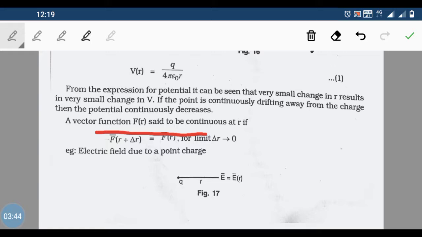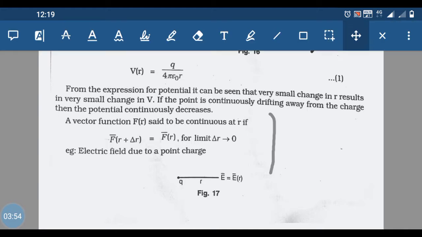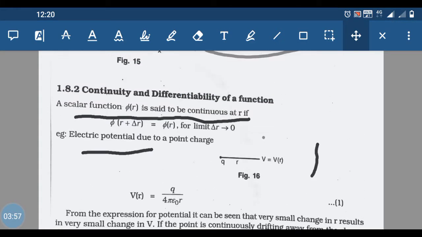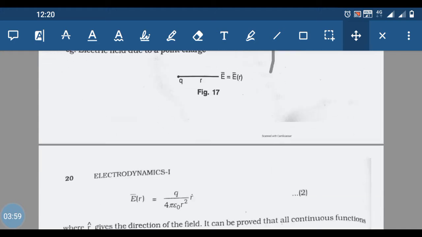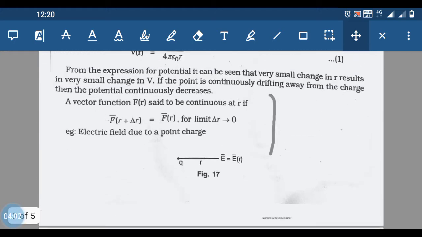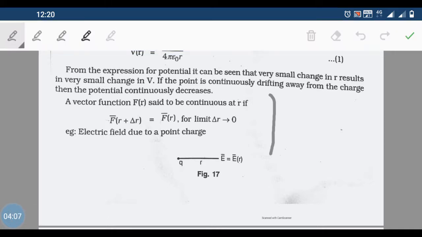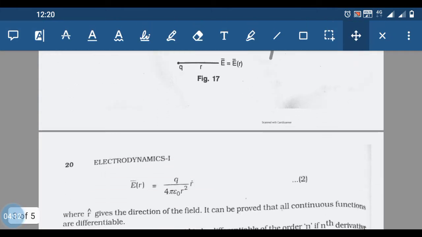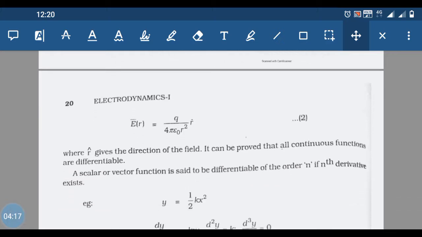As an example, potential is an example for a scalar function, and electric field is an example for a vector function. The electric field at any point is given by the expression E of r is equal to Q by 4 pi epsilon 0 r square into r cap, where r cap is the direction of the field.